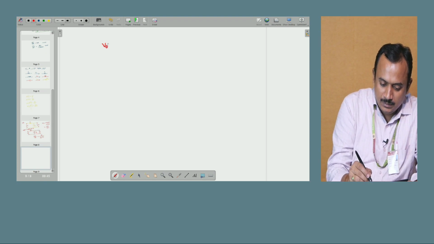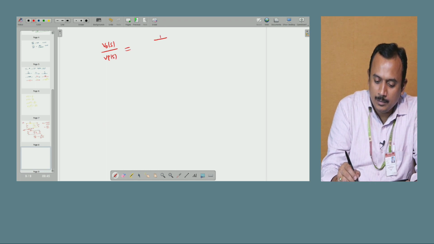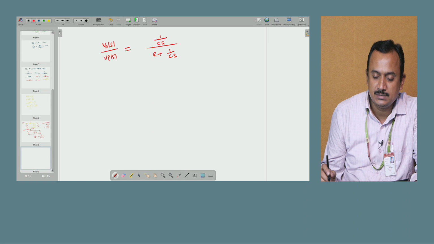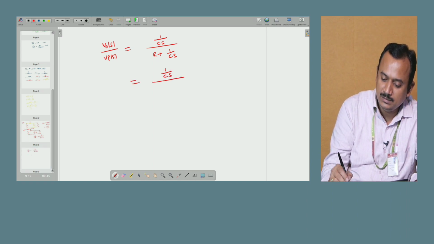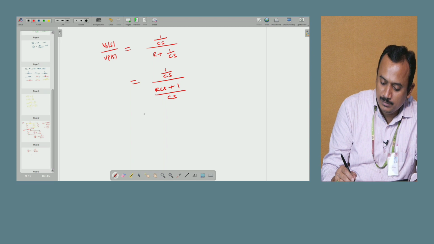From that we will get V naught of S by Vi of S is equal to, let me write once again, 1 by Cs by R plus 1 by Cs. Now if I rearrange this, what I will get is 1 by Cs by RCS plus 1 by Cs. From this we will get 1 by 1 plus RCS.